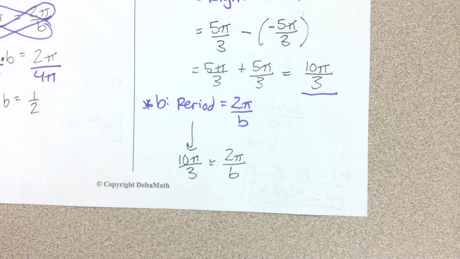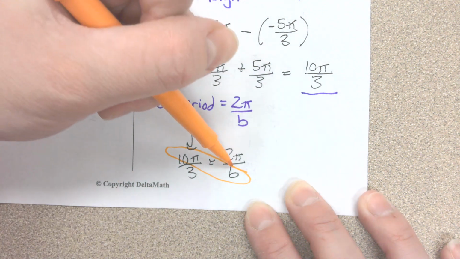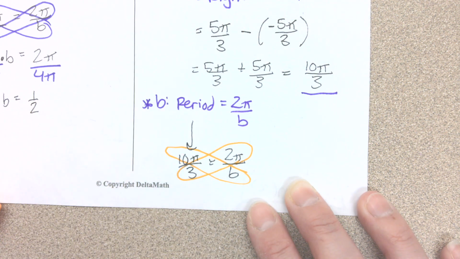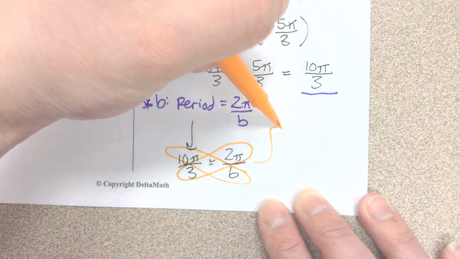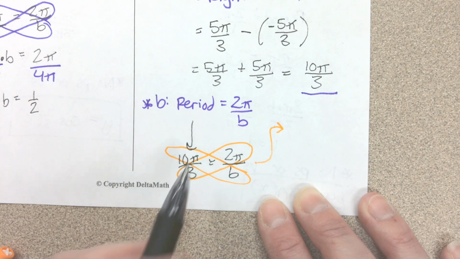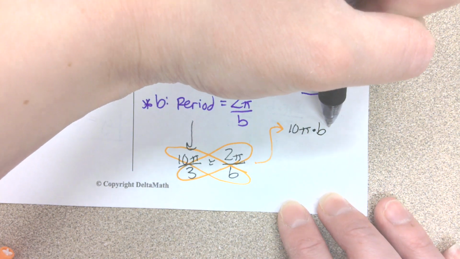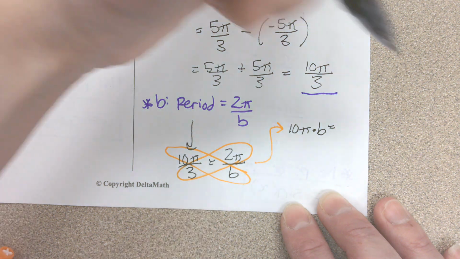We'll cross multiply to solve that. B times 10 pi, I'm going to write that the other way, 10 pi times b equals 3 times 2 pi, that's 6 pi.